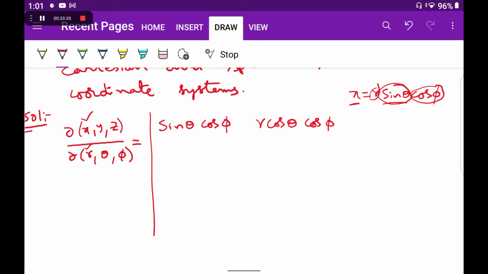The next one is dou x by dou phi. Now differentiate x with respect to phi. r and theta are constant, so r sin theta is kept constant. Derivative of cos phi with respect to phi is minus sin phi.